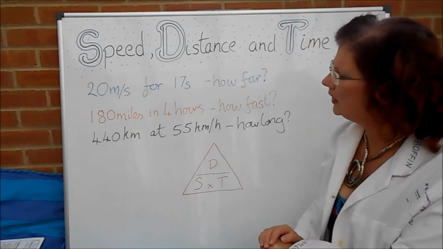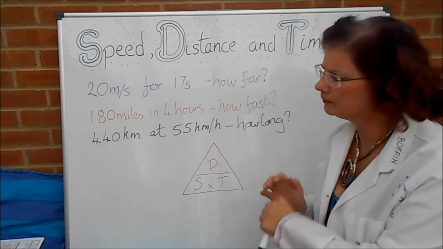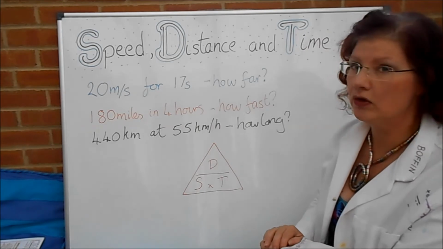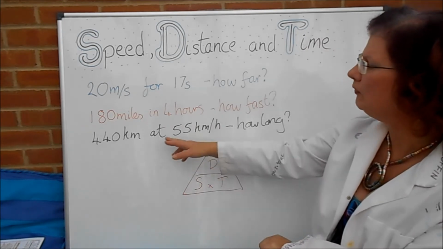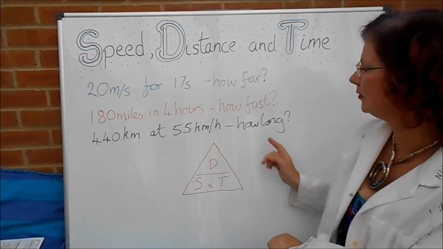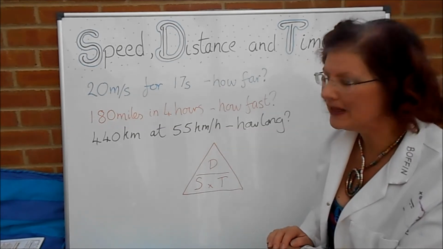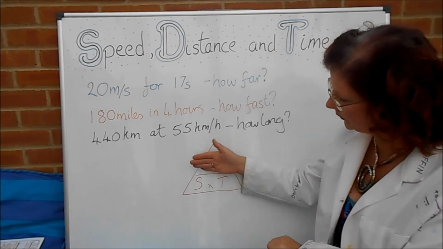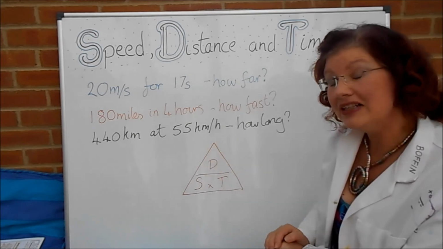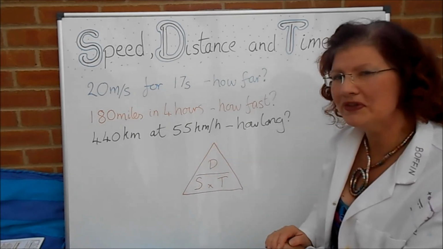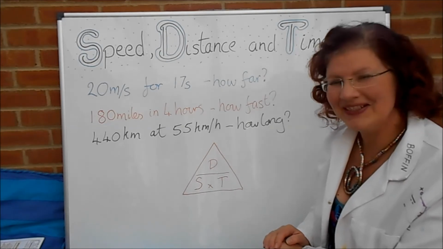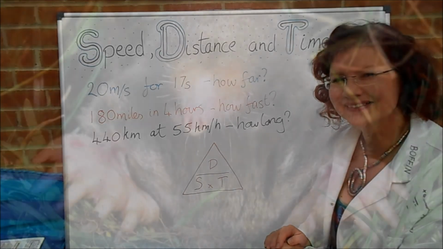This one you might be cycling. I think this might be a cycling race here. It's a very long one. How long does it take you to do that? Okay, so using your formula triangle, if you need to use a calculator you can, but these numbers should all be ones that you can do without a calculator. I'll see you in a minute, we'll work through those together.